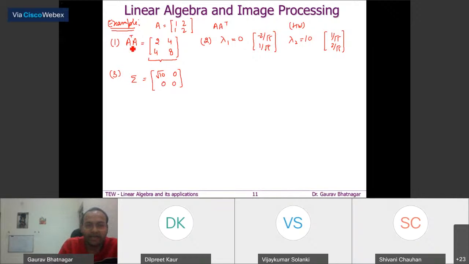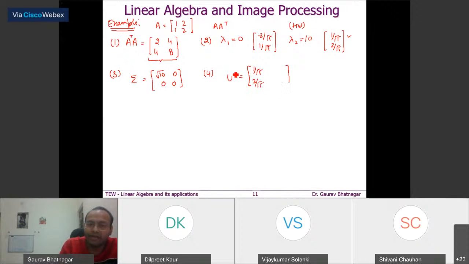As long as I have this sigma, what do you have now? You have taken A transpose A, which will lead to U. So the fourth step says the matrix U is nothing but the collection of the eigenvectors with respect to the eigenvalues. Since I have taken root 10, the bigger one, first, because I have to arrange these singular values in decreasing fashion, the first vector I take is with respect to the bigger singular value, and that is going to be 1 by root 5, 2 by root 5.